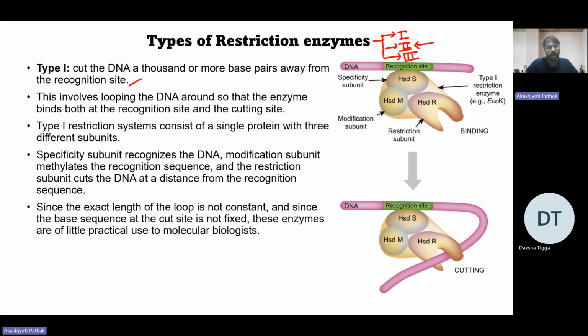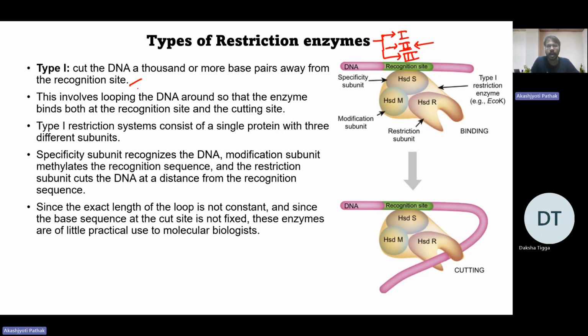The DNA sequence which it recognizes is different, and the site at which it is cutting the DNA is 1,000 base pairs away from this recognition site. The recognition site is the site at which the restriction enzyme will come and bind to that particular DNA sequence.